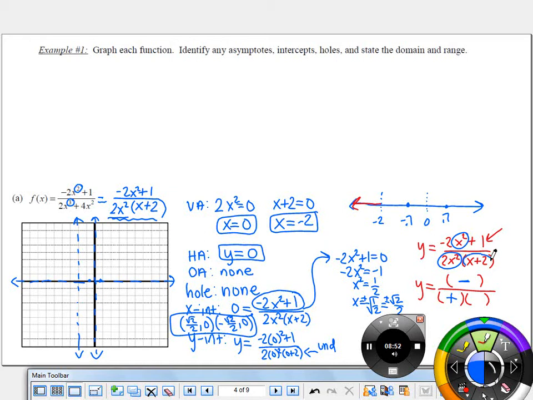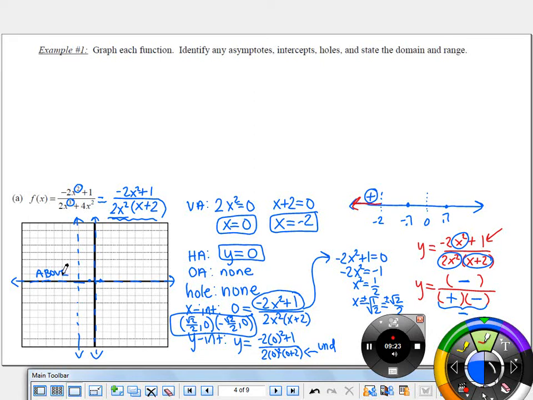And if I plug it in here, the negative 10, or whatever I'm plugging in that's smaller than negative 2, when you add 2 to it, will still be negative. So what I see here is that the denominator of my fraction would be negative, and a negative over a negative would be positive. Okay? That means what I expect on my graph is everything on the left side of the axis should be above the x-axis. Okay, because it's saying all the points there have positive y values.